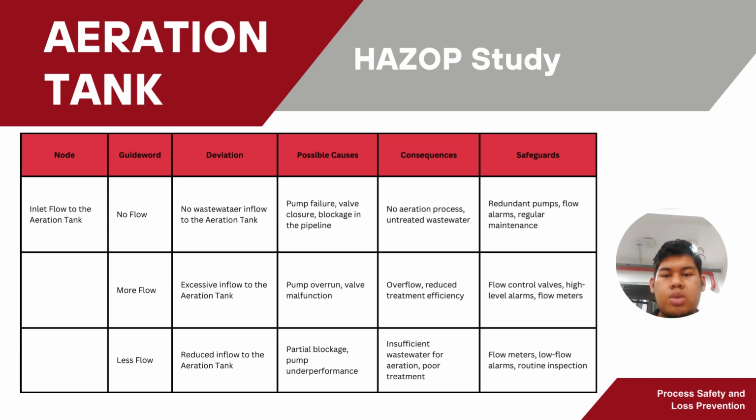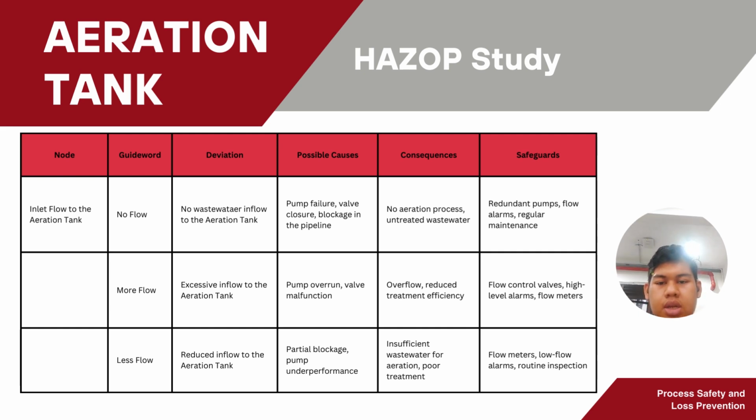The second guide word is more flow. The deviation is excessive inflow to the aeration tank. The possible causes are pump overrun and pump malfunction. The consequences are overflow and reduced treatment efficiency. The safeguards that we decided to use are a flow control valve, high level alarm, and also flow meters. The third guide word is less flow.